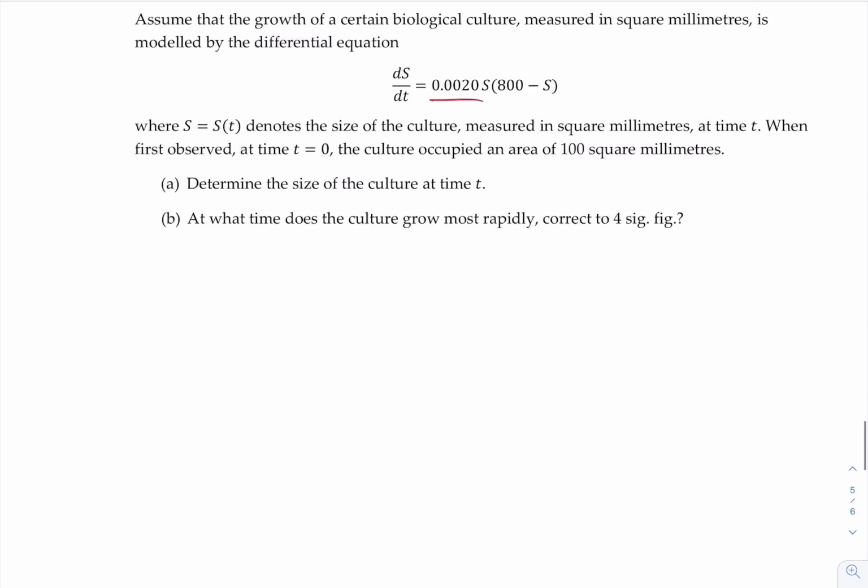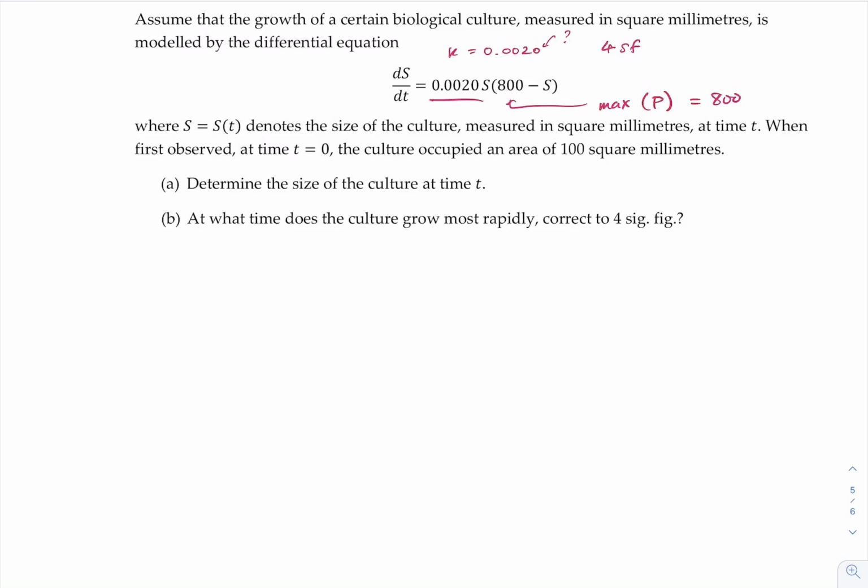differential equation. So k equals 0.0020. Why that's 0? Because it's 4 significant figures. 800 minus S, so the maximum, that's our value P, is 800, where S denotes the size of the culture measured in square millimeters at time t.